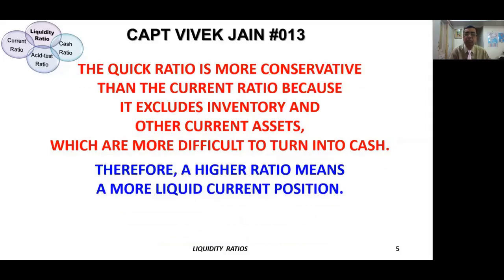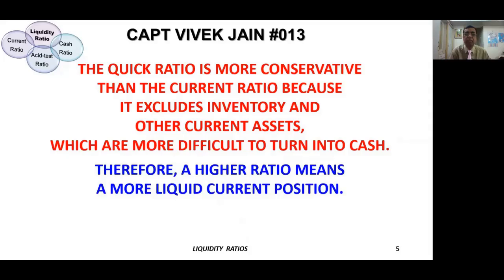The quick ratio is more conservative than the current ratio because the quick ratio excludes items such as inventory and other current assets from the current ratio, which may not be that easily encashable.